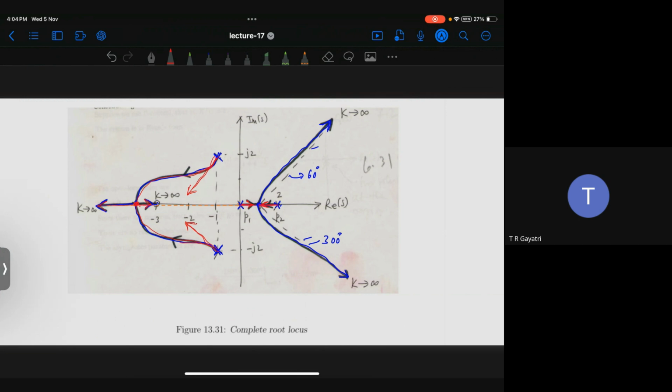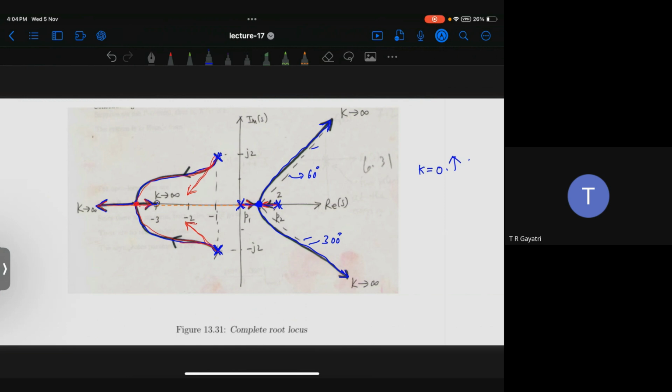Now you got the picture. Basically, these cross points, at k equal to 0, all the poles start at these locations. As you keep on increasing k, they will move like this. At some point of k, they will break here.